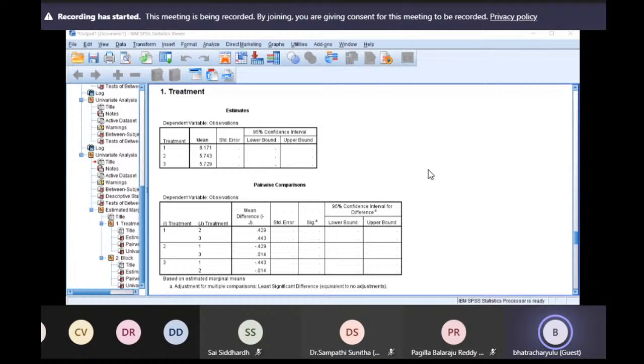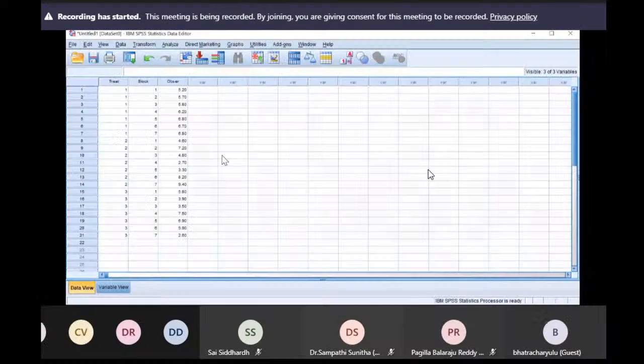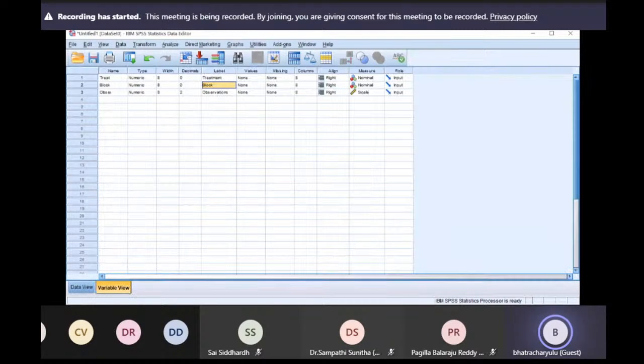LSD. So you create, go to variable view. Now first you write row. Second you write as column.